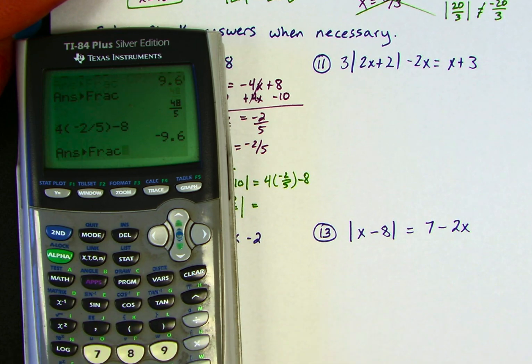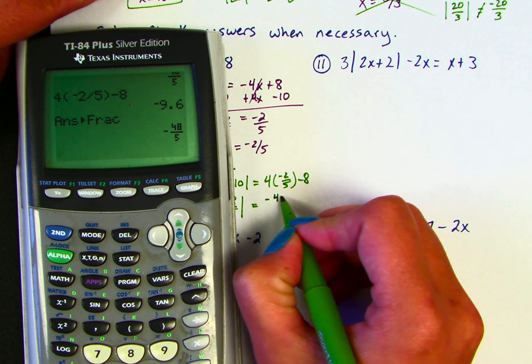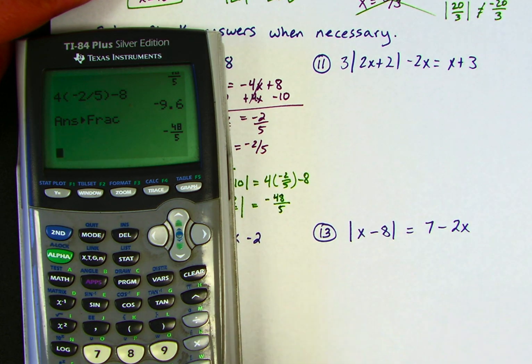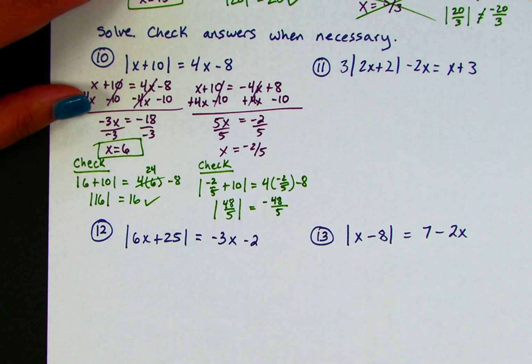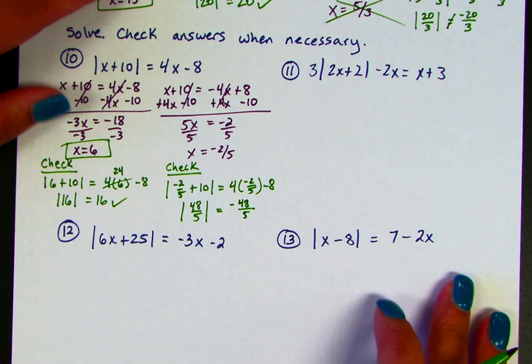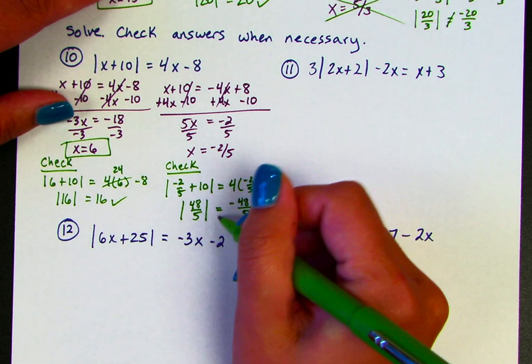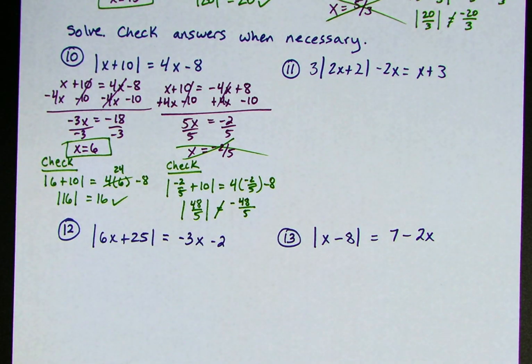And then changing it back to that fraction. Now, if you notice on this one, that decimal was a nice decimal. So if you are just checking your work, it's okay to use the decimals if you want to compare it that way. But I'm always going to be using the fractions. Okay. Now, absolute value can never be equal to a negative number because this represents a distance. So this is a false statement, which means that that is an extraneous solution, so I have to cross it off.